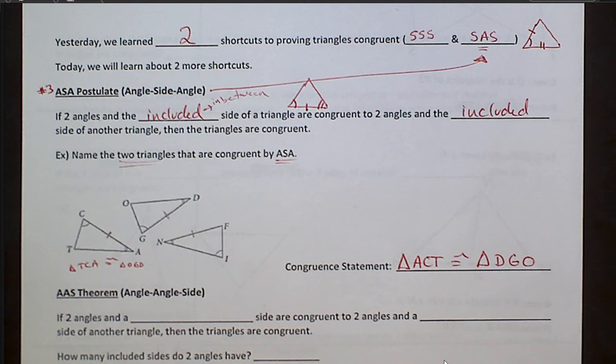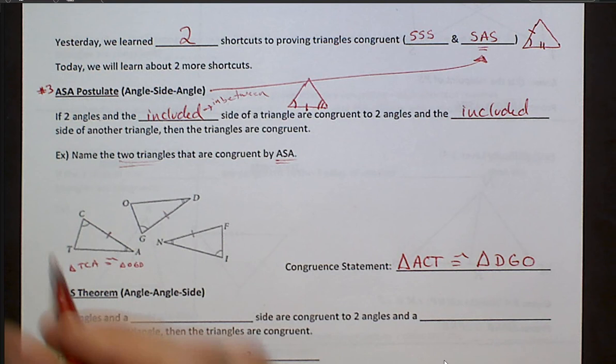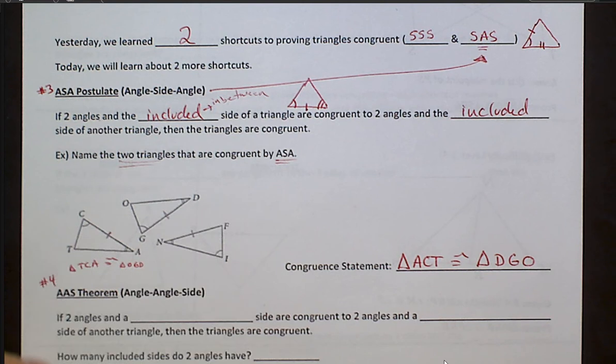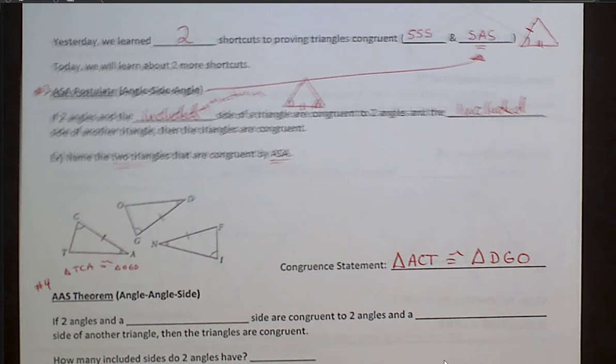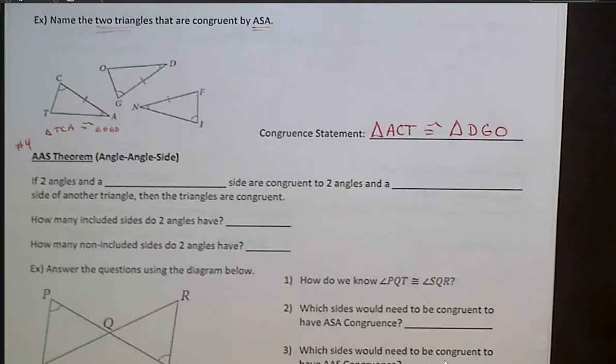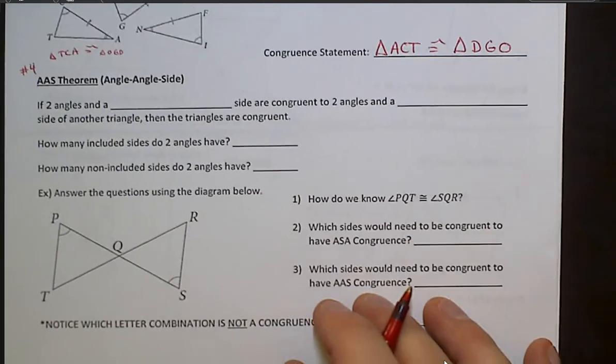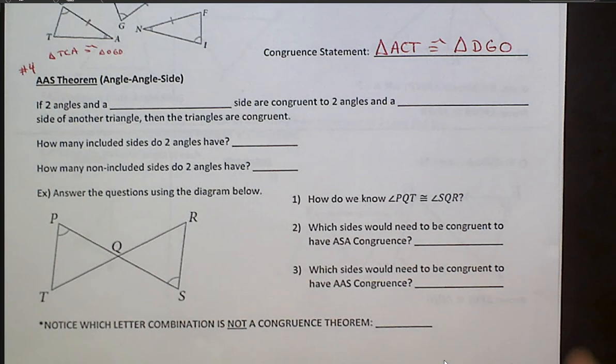All right. The 4th theorem is angle, angle, side. Let me get this in your view here so that you can see it. Cool. So this is number 4, angle, angle, side.